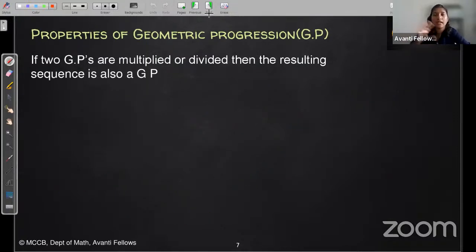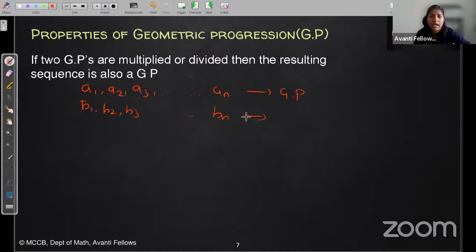Next is another property here. This property states that if two GPs are multiplied or divided, then the resulting sequence is also a GP. So let me consider two GPs. Let A1, A2, A3, so on up to AN be one GP, and B1, B2, B3, so on up to BN, another GP.